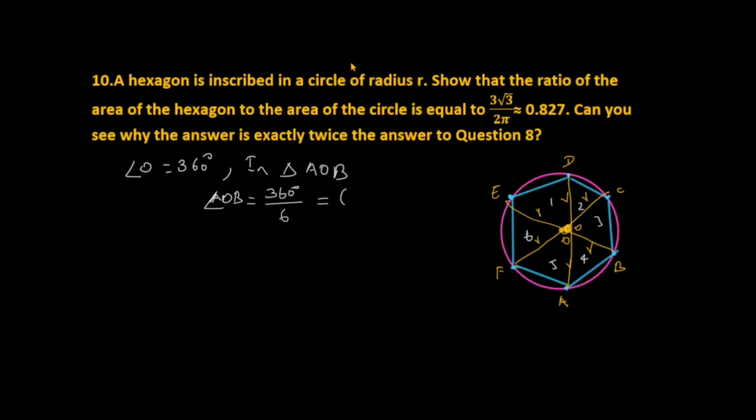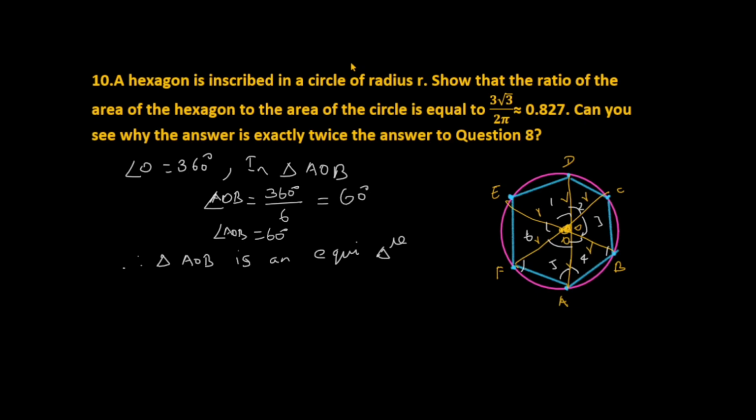So that is 60 degrees. So angle AOB is equal to 60 degrees. So this is 60, this is 60, this is 60, 60, 60. Each angle in a regular hexagon is 60 degrees. So that is the equilateral triangle. So all the angles are 60 degrees here because it is an isosceles triangle. Therefore triangle AOB is an equilateral triangle.